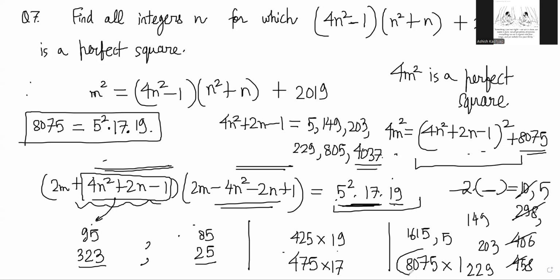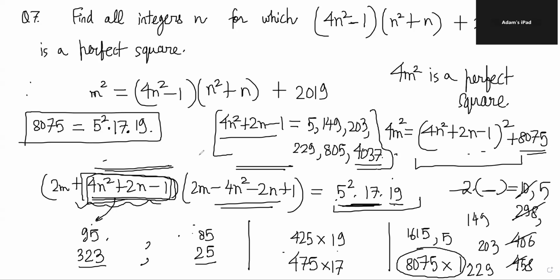Every time I'm subtracting this and dividing by 2. Basically, I'm trying to find out this one and checking each combination. And each of these quadratics you can solve to get possible values of n, right? Only very few solutions will come actually.